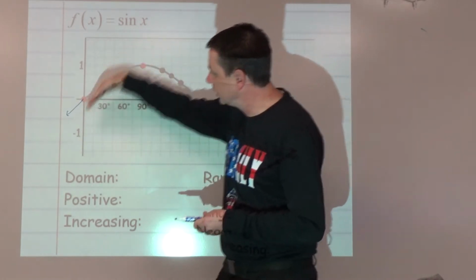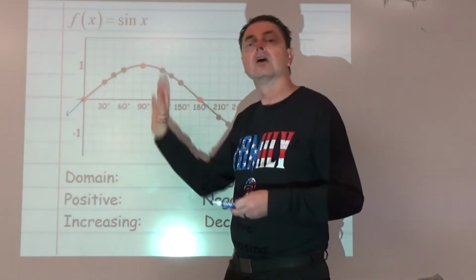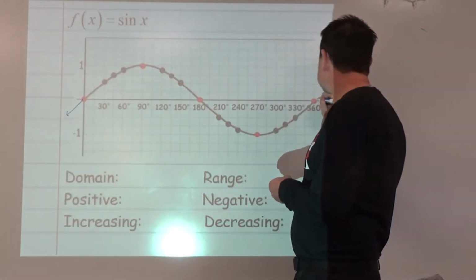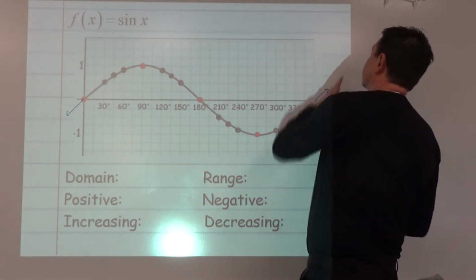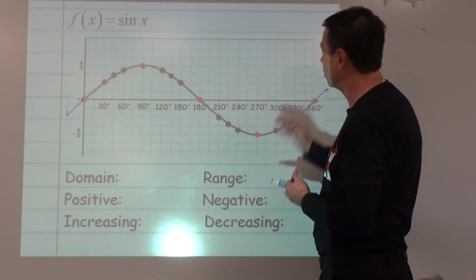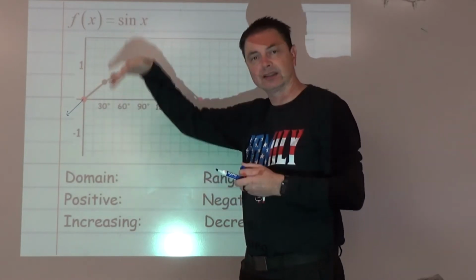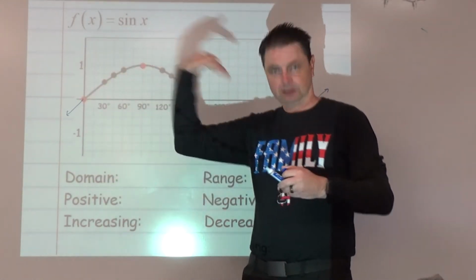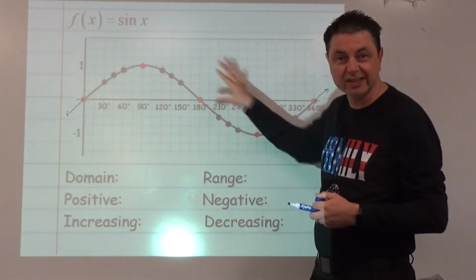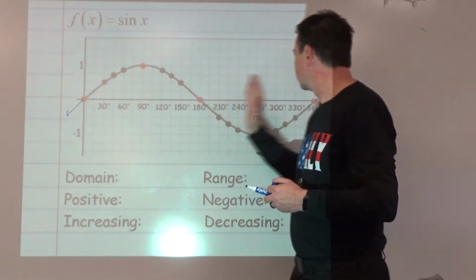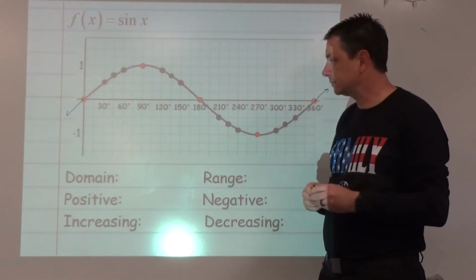It's going to keep doing this wave thing to the left and to the right. It doesn't go up forever. It's just going to continue to wave just like this. But we're just going to focus on from 0 to 360 degrees.